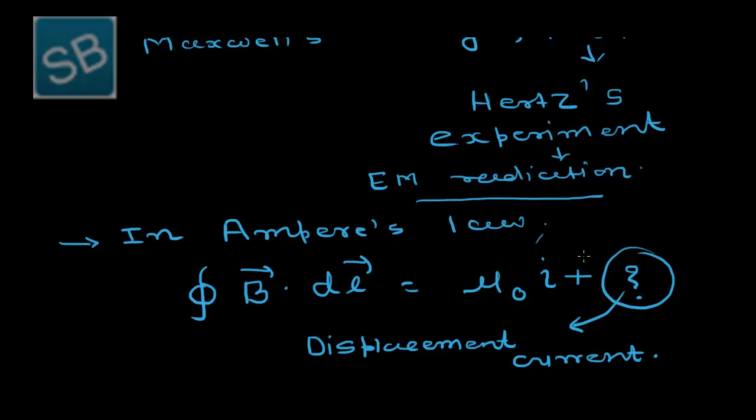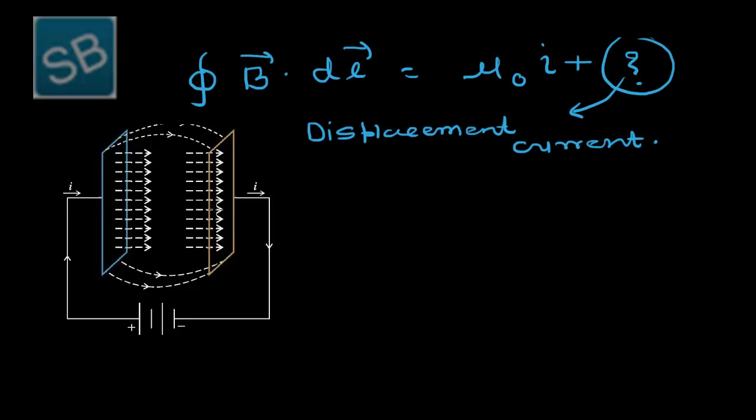And before we move further, let us recall the Hertz experiment so we can get the actual idea about the displacement current. So this is actually the Hertz experiment, or we can say the simple arrangement.